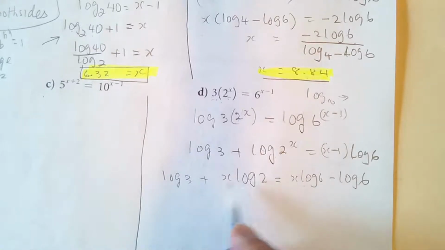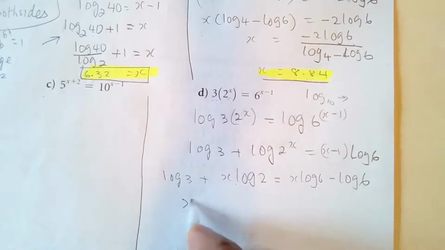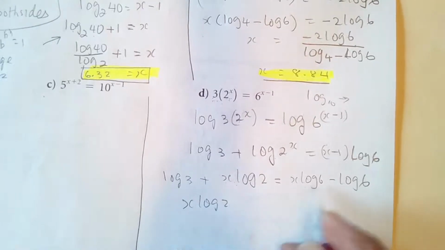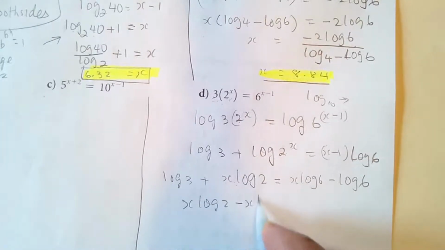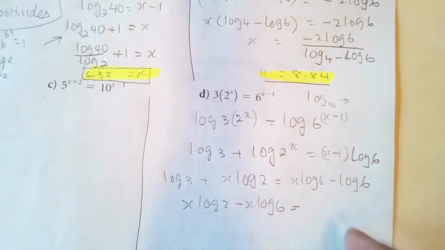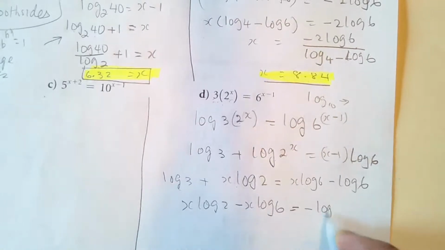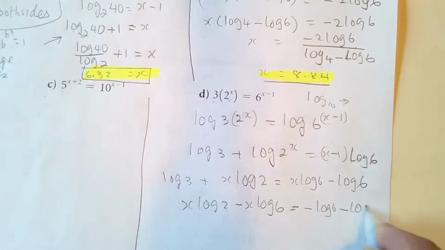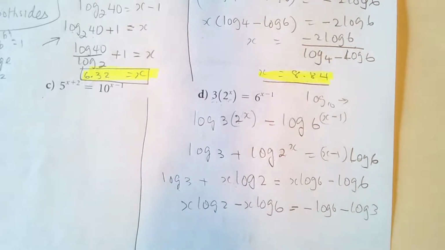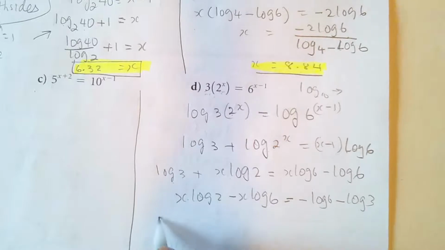Combine like terms, we have our x's on one side here. We have x log 2 minus x log 6 is equal to, take the log 3 on the right side, becomes negative. You have negative log 6 minus log 3. Then we can isolate the x here.